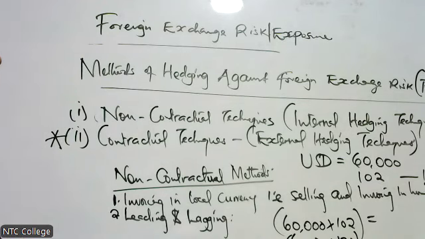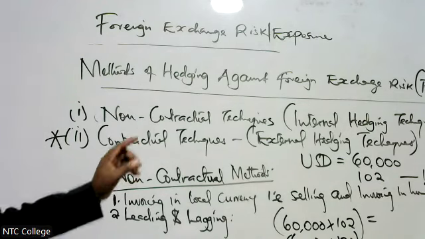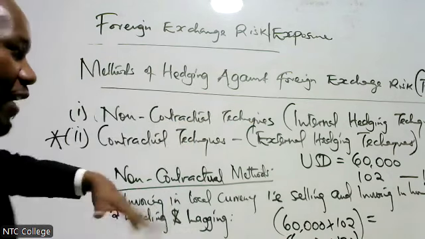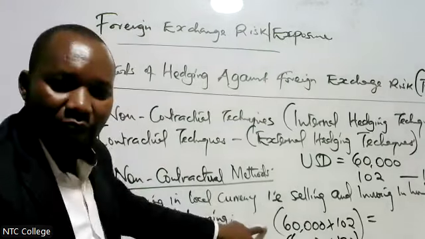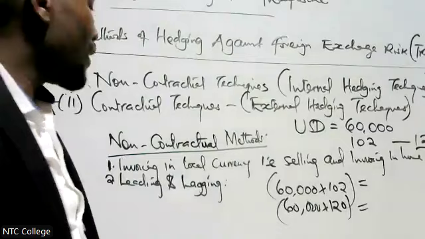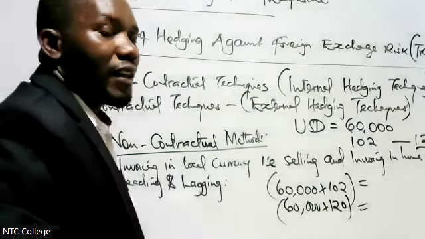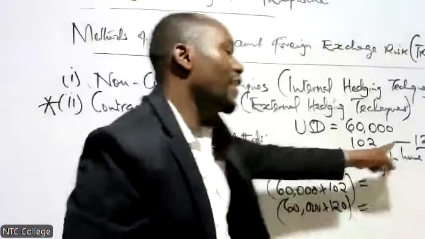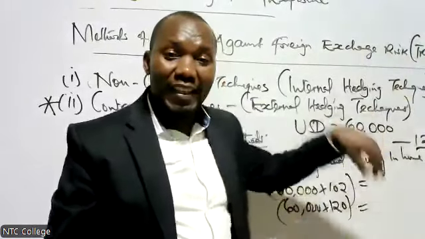So, when you know that the currency will fall in the future, from 100 to 120, pay early, pay now, so that you pay less. But if you know that it will be strong in the future, ngojea kidogo. Saa hii the rate ni 120, lakini umeambiwa itakuwa 98.